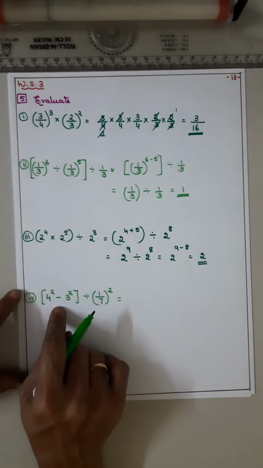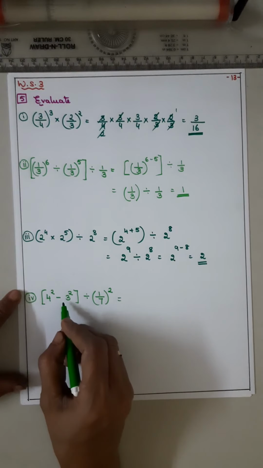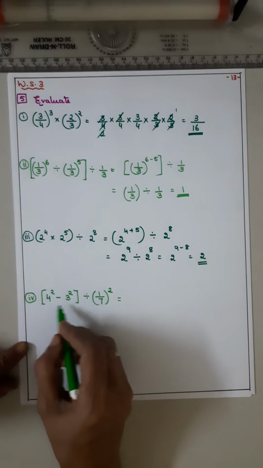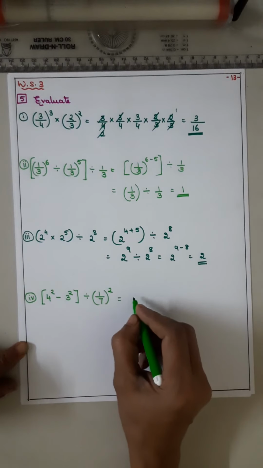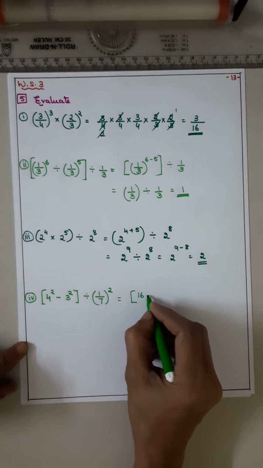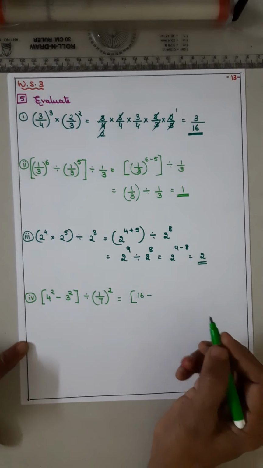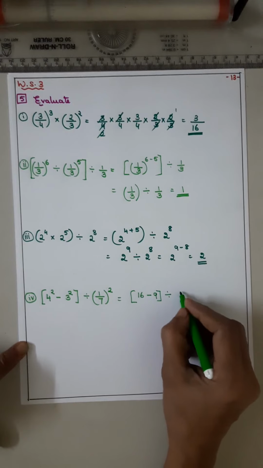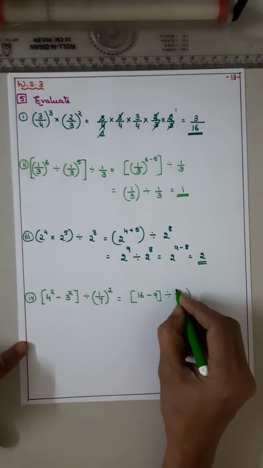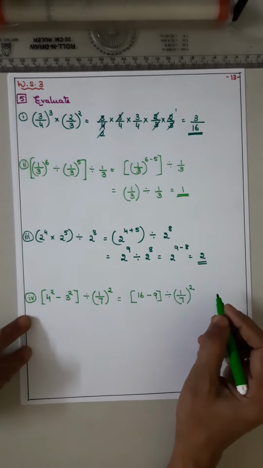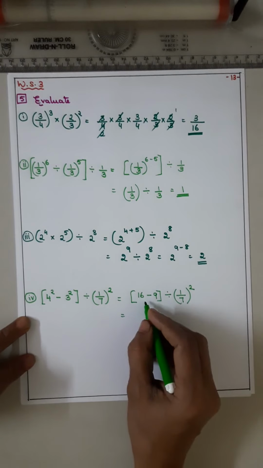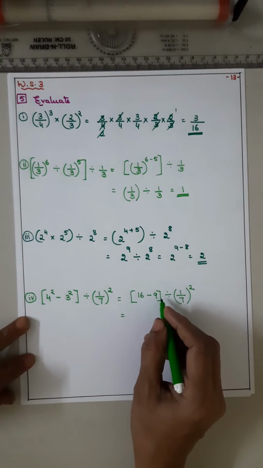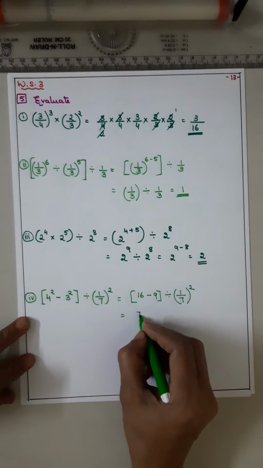Law is not there for that. And on top of that, the bases are not same. Now 4 squared is how much? 4 4s are 16, minus 3 squared, 3 3s are 9. Now 16 minus 9 is how much? It is 7.